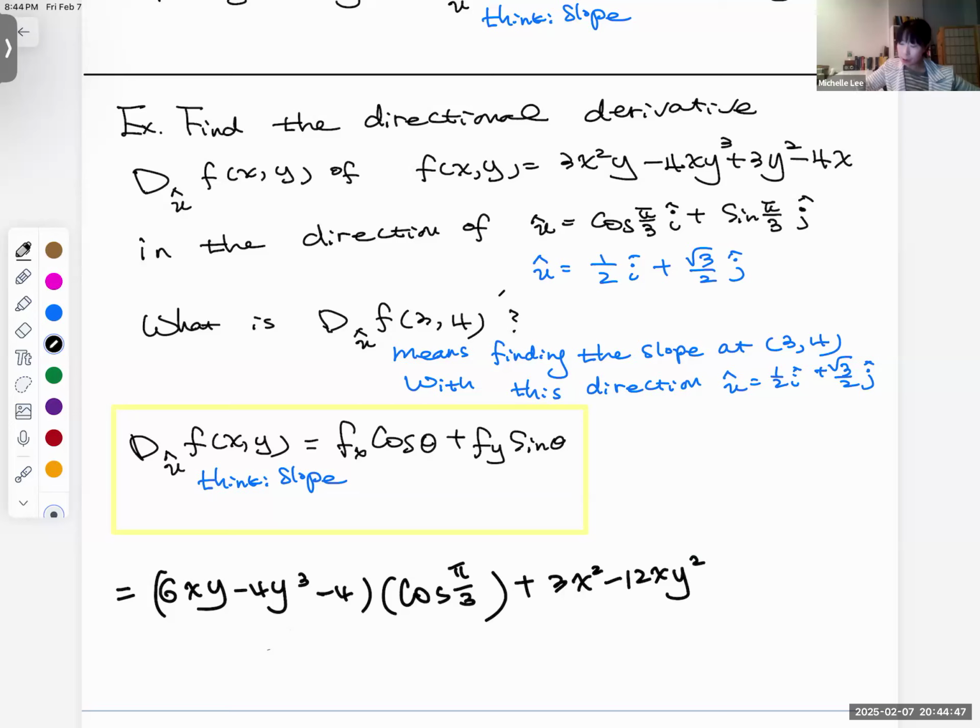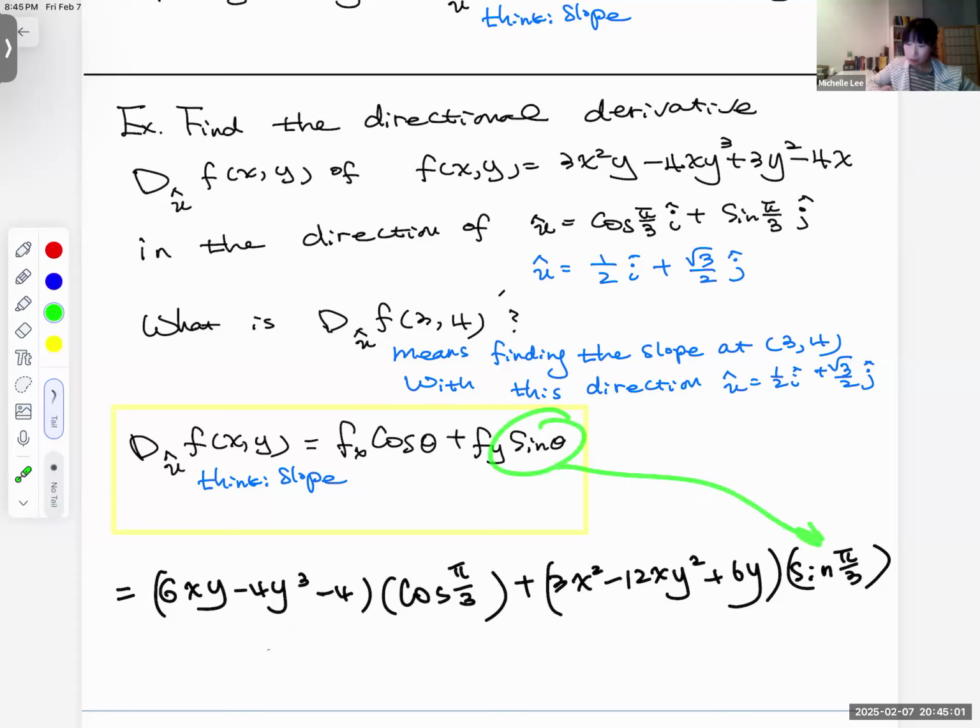And then 6y. Then the next one is 0. Okay, then sine pi over 3. Yeah. So this one. All right.